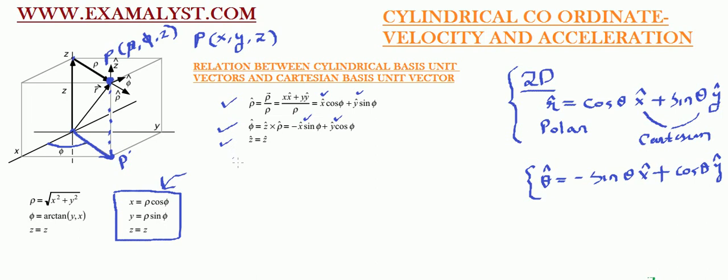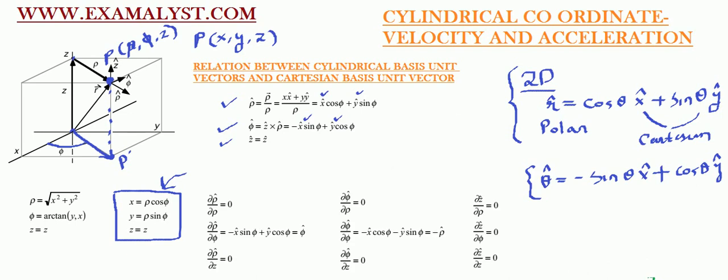Okay, so now that we have the relation, we can find quantities like d rho cap divided by d rho, d rho cap divided by d phi. To make an analogy, let me remind you that when we did the 2D Cartesian and polar, we found d r cap divided by d theta.